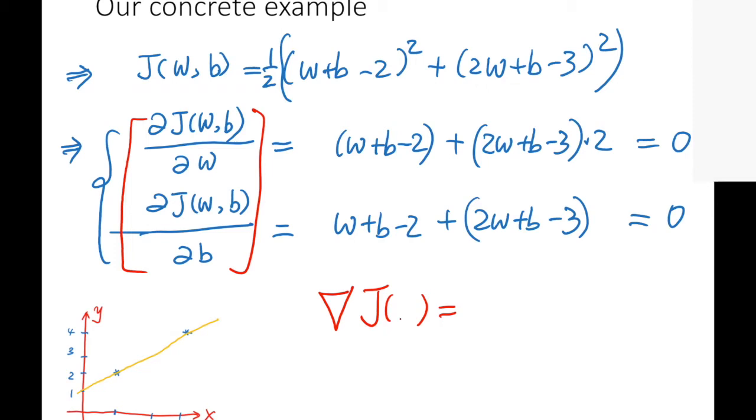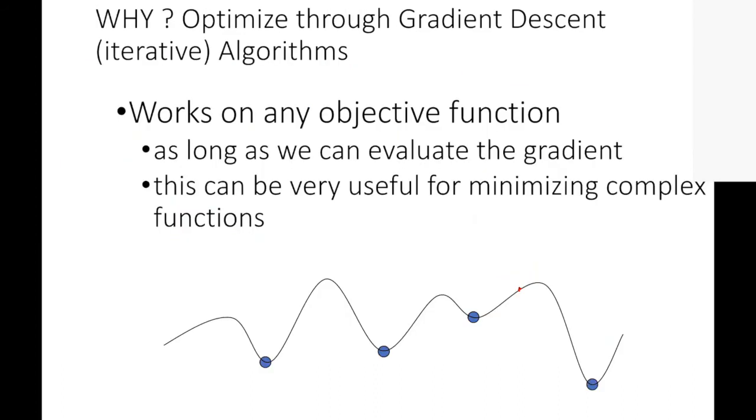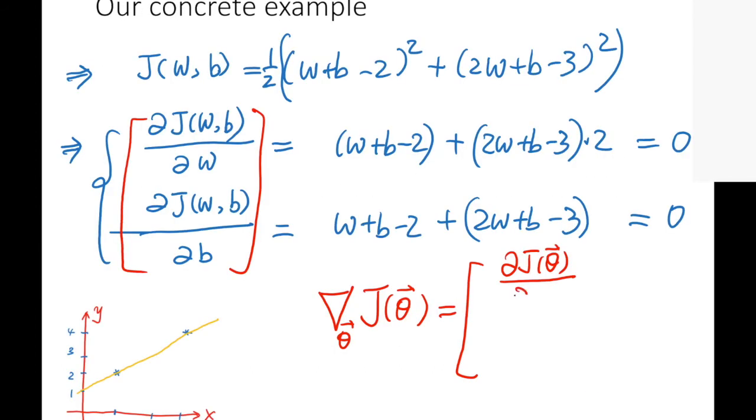It's just a theta vector. It's the partial derivative of J with respect to the first theta, theta 0 in this case is b.